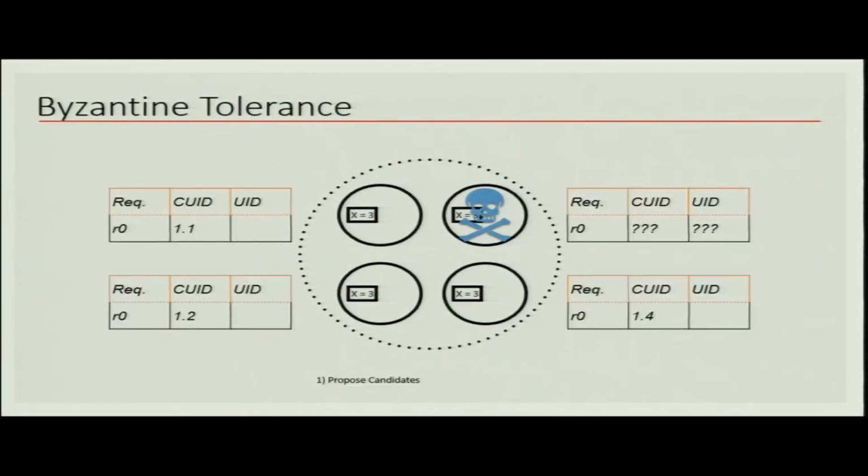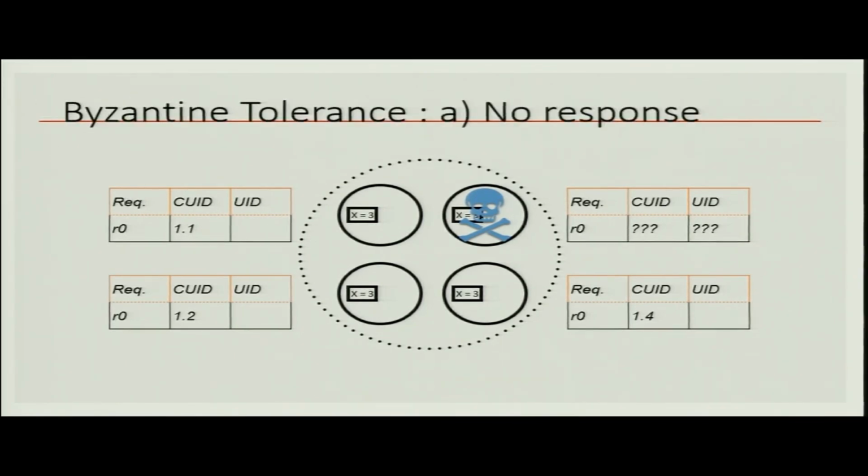So, now again, let us say we want to try this algorithm as before. Now, I have R0, and R0 has been given these local IDs, but the Byzantine node may or may not give any ID, or give a wrong ID. In this case, let us assume that the Byzantine node decides to keep quiet and not give any response.